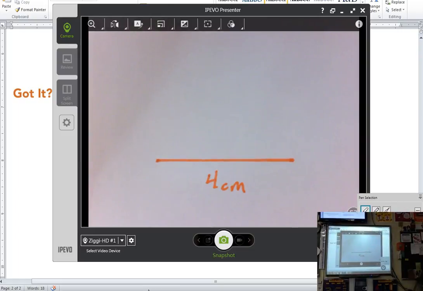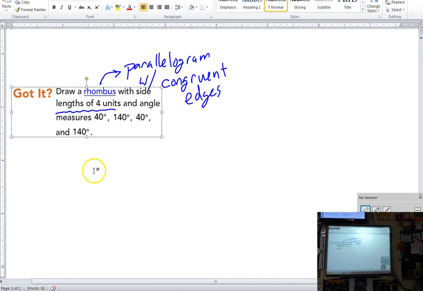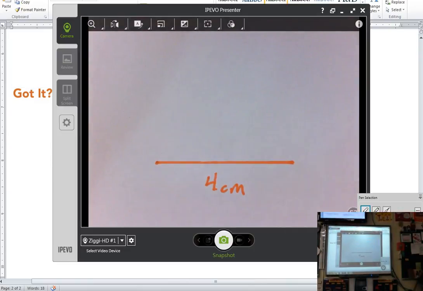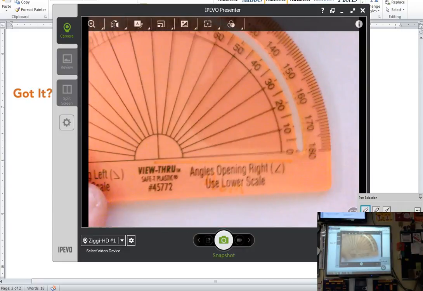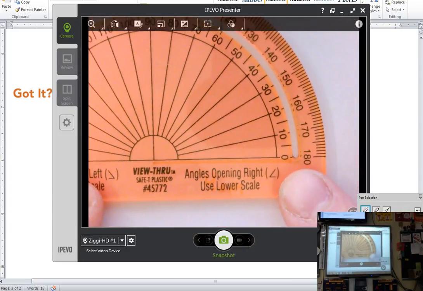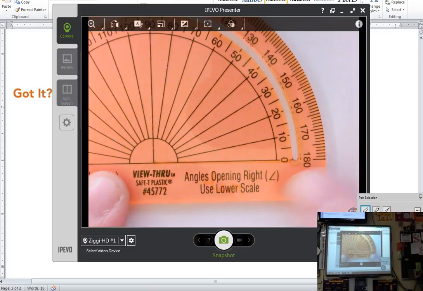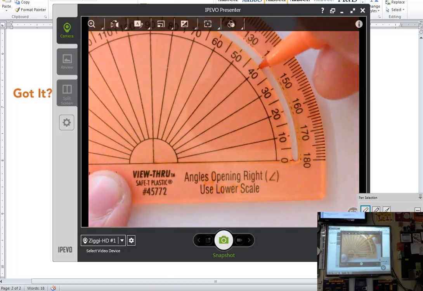Once you choose your units, I would label it. We've got angles of 40 and 140. So I like to do my acute first. It just seems easier. Line it up. Make sure that you are correctly on your end point, using the right 0, and then mark your 40.